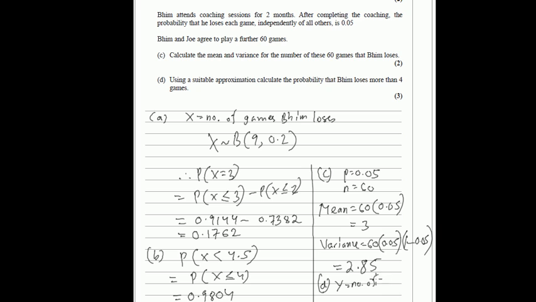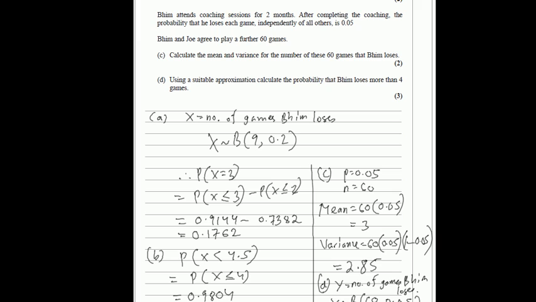Y is the number of games Bhim loses. So it is going to be Y, B(60, 0.05). That means we have to do a distribution. Now you can see the mean and variance are close to each other, so that means we can definitely use the Poisson distribution.